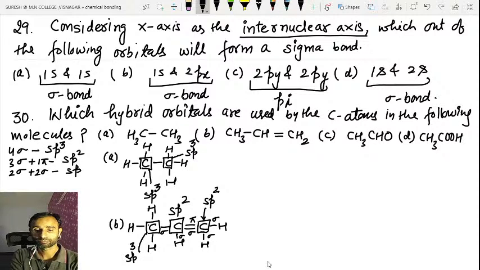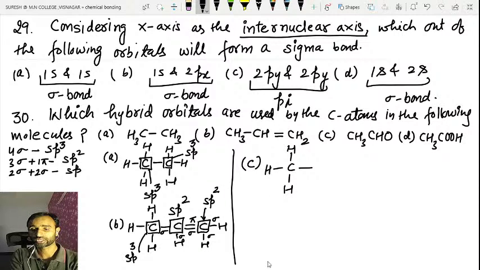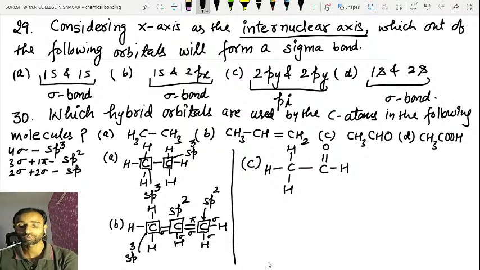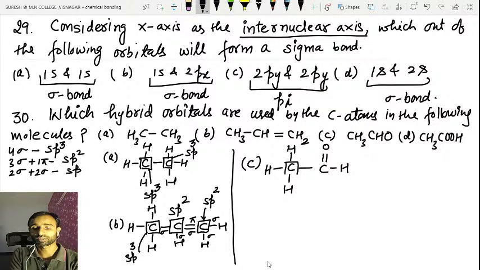Now, in case of C, CH3CHO, because CHO group means C double bond O, H. So this carbon has all the 4 sigma bonds, so sp3, and this carbon has 3 sigma bonds and 1 pi bond.